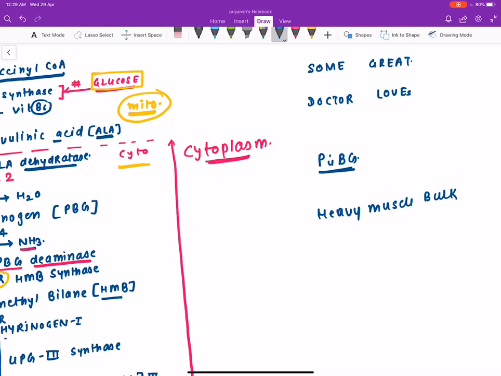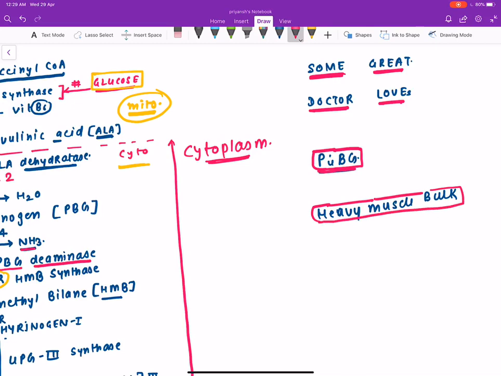I will tell you how to use this mnemonic. First, try to understand a simple fact. Some great doctors love PUBG. The first thing they love is PUBG. The second thing they love is heavy muscle bulk.